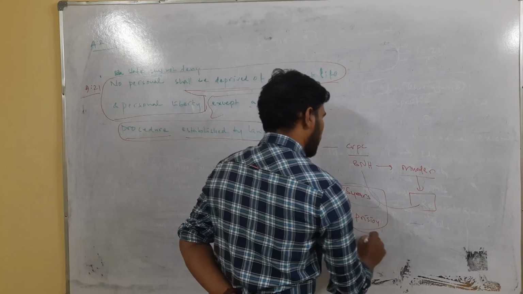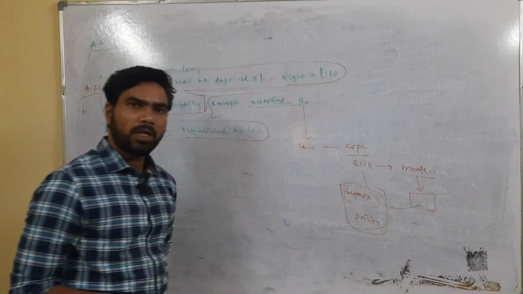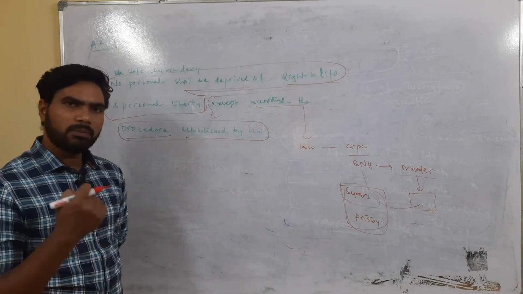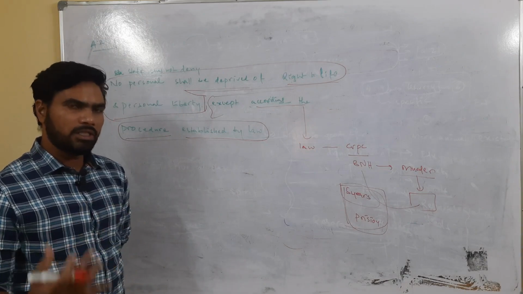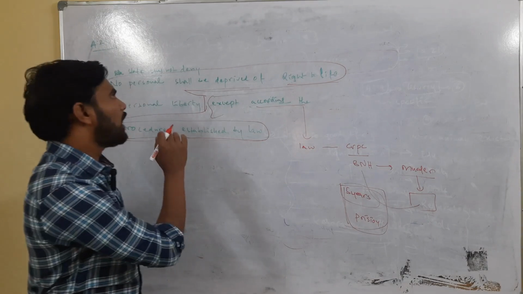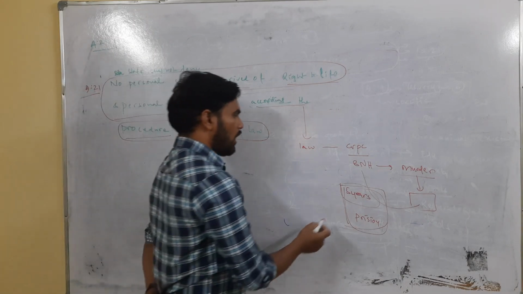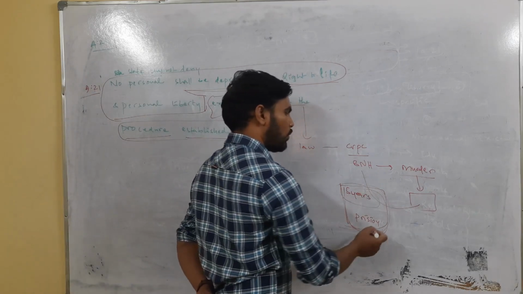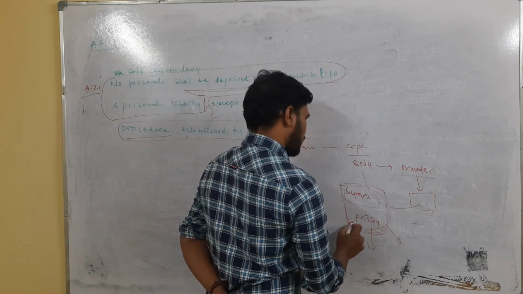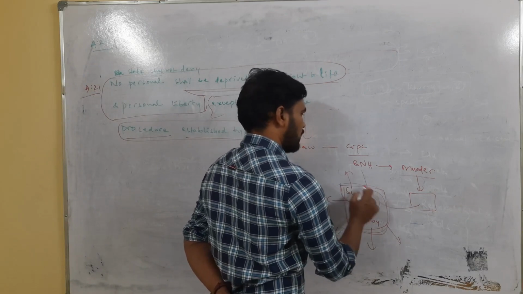So when I was put in prison or jail, my right to life and personal liberty has been taken away or not? It has been taken away. Now I will not be allowed to move out of the prison. I should remain in the prison or jail, right?